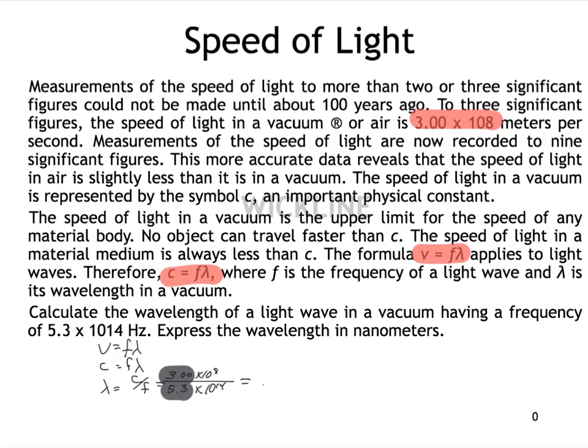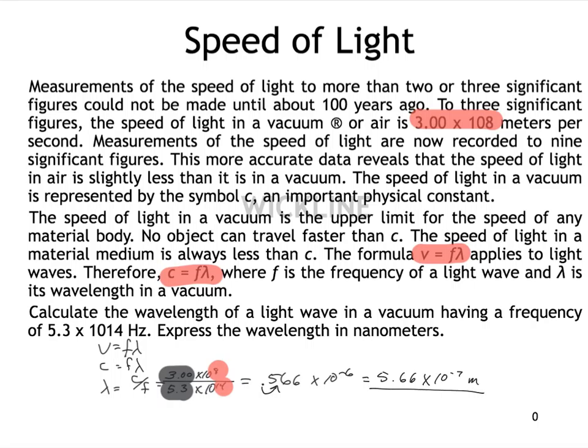And I'm getting 0.566 times 10 to the something, and that something is really going to be the 8 minus 14, so that's negative 6. But this isn't proper scientific notation. We'll need to move this decimal to the right, which is going to adjust our answer a little bit to be 5.66 by 10 to the negative 7 meters.